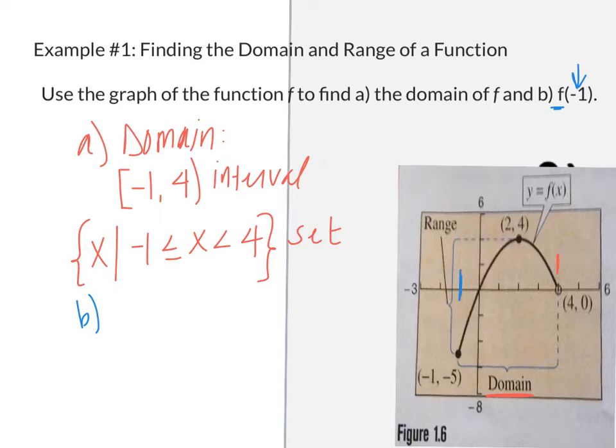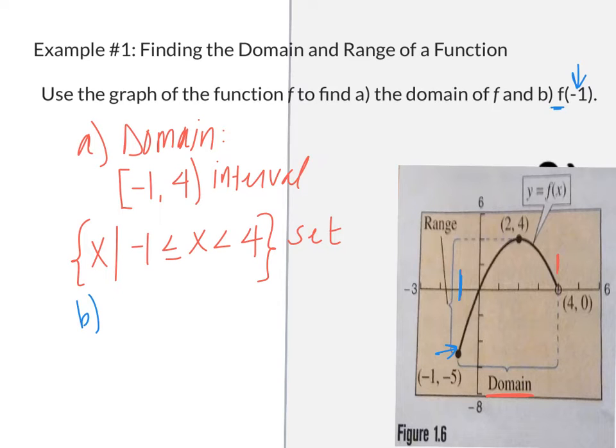So what is our output value here? That means I need to know what is my y value when x is -1. It looks like it's about -5.